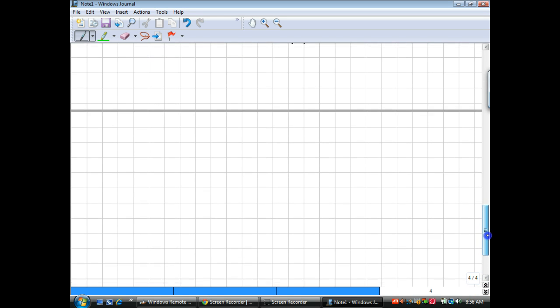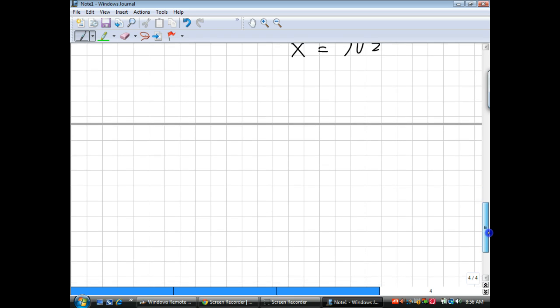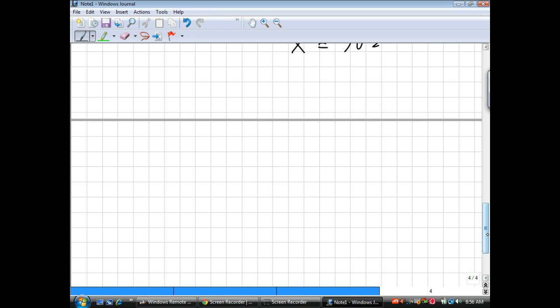Now it turns out that the geometric mean is very important to right triangles. So we have this theorem.